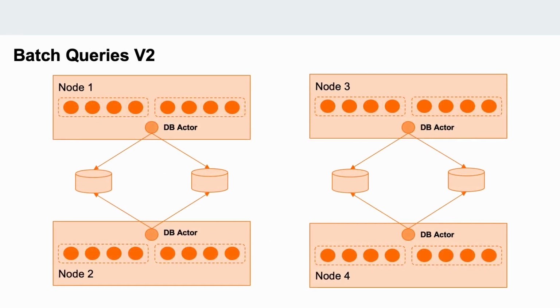At the end, what did this do is that each shard from these shards will communicate only with a respective database shard, and this increased our batch queries a lot, and it also increased the speed of processing, or the number of messages that we were able to process in the same time.